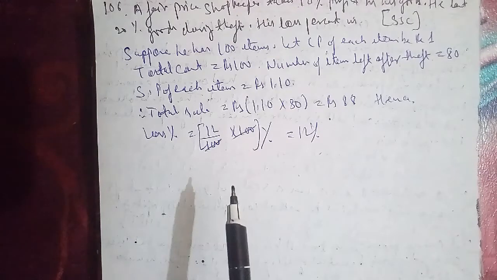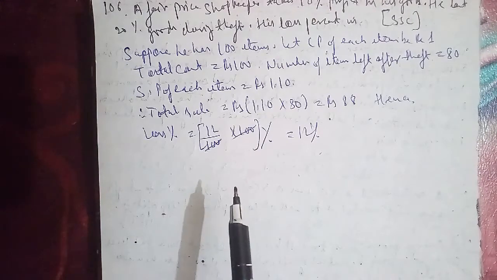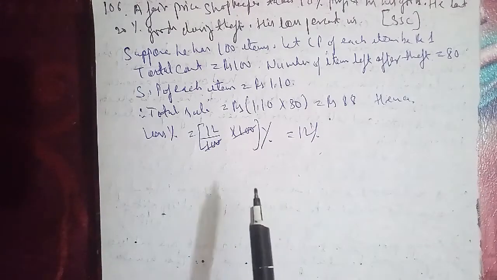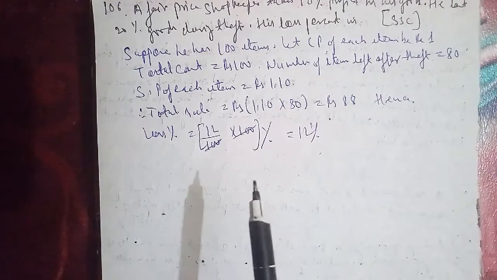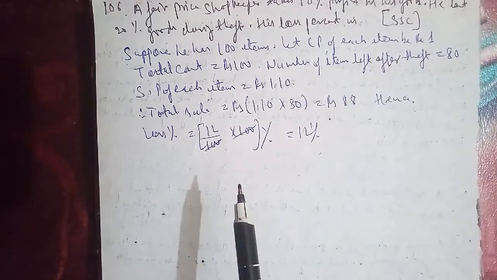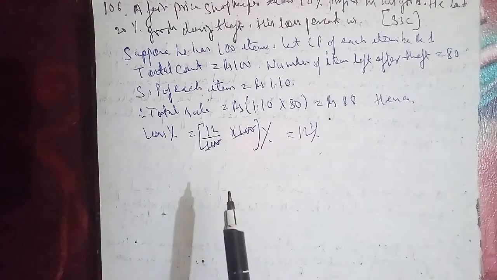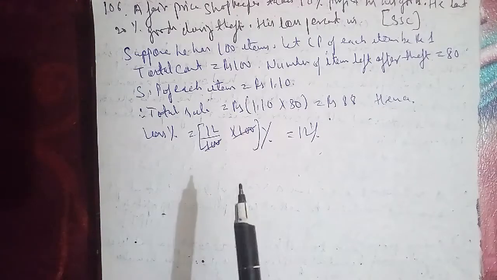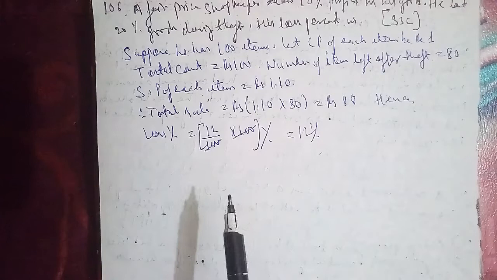So we go ahead. A sells a bicycle to B at a profit of 20%, B sells it to C at a profit of 25%.